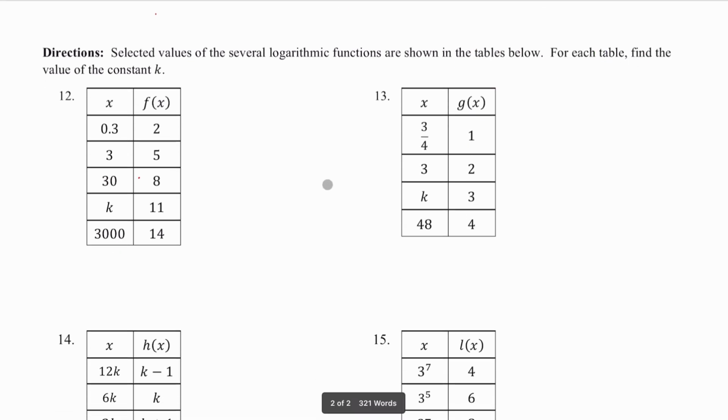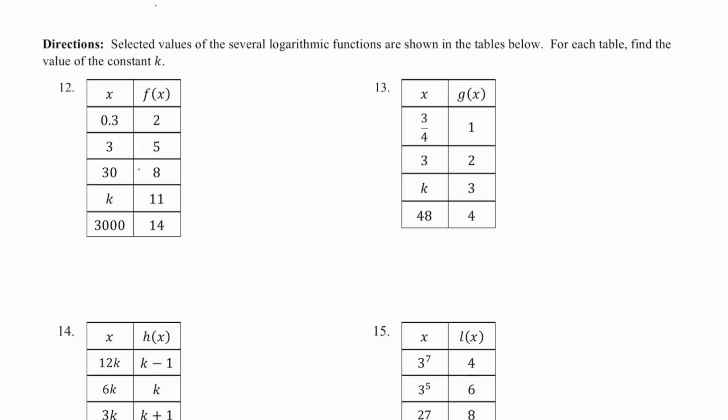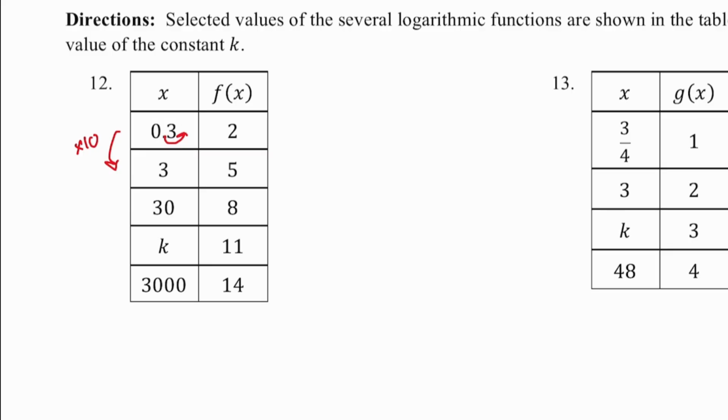So now we're doing these. We're trying to solve for k. These are log functions, so we know that the x values should be changing proportionally, and not the y values. Usually the y values change proportionally, but that would mean that it is not a log graph. So we see that from this to this, it looks like it's multiplying by 10, because the decimal place keeps changing. It's going there, which adds a 0 and gets it to 30.